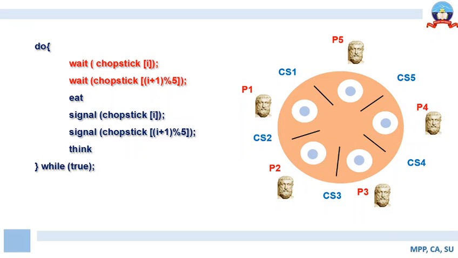If a philosopher has been granted privilege to both the chopsticks, then the philosopher can eat, and then a signal is executed on both chopstick I and I plus 1 mod 5 in order to release the chopsticks, and then the philosopher will think again. These are the sequence of steps followed in order to synchronize the actions of various philosophers.